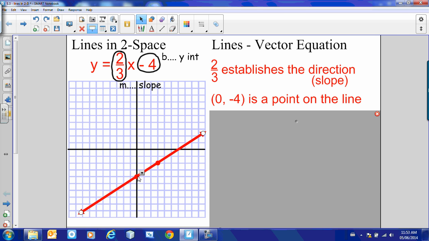It happens to be an easy point to find, but that's really all it is, just a point. 2/3 tells us which direction to go to find another exact point. Certainly there's an infinite number of points along this line, but if we want one more that's easy to recognize, by going in this direction of 2/3, there it is. As I continue in that 2/3 direction, here's another point on my line, and so on.